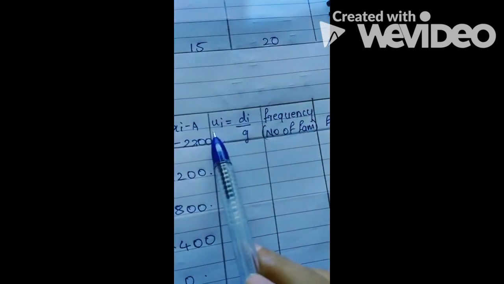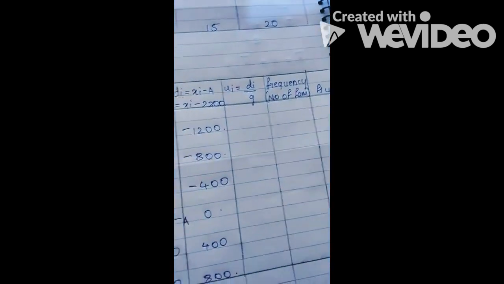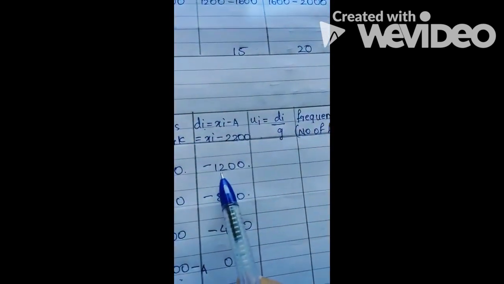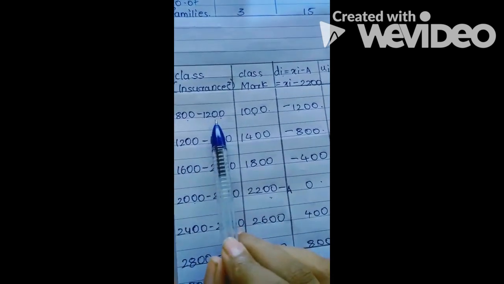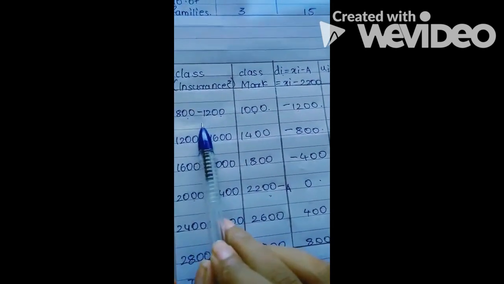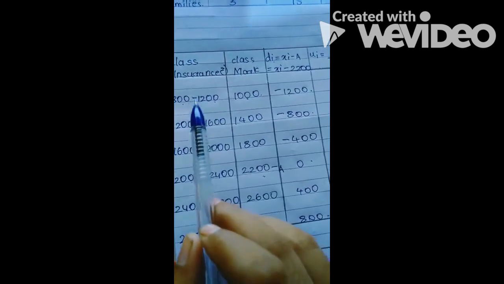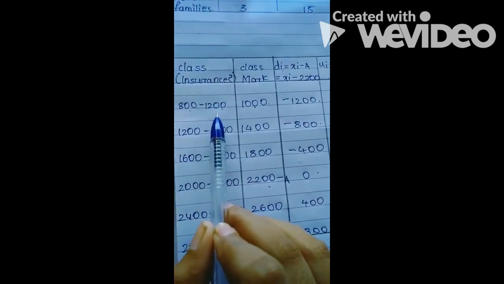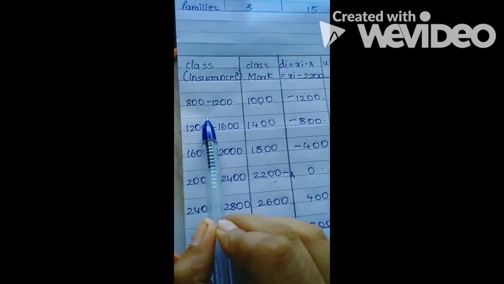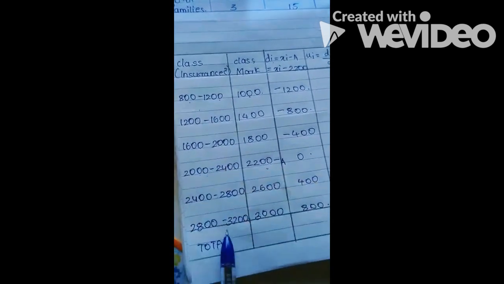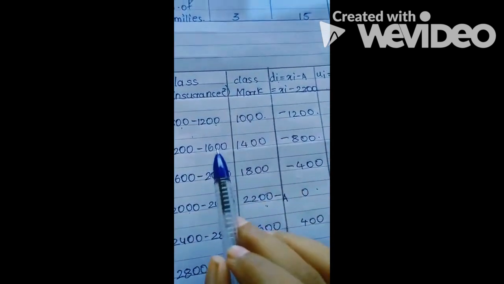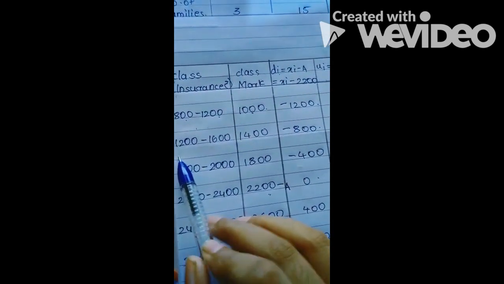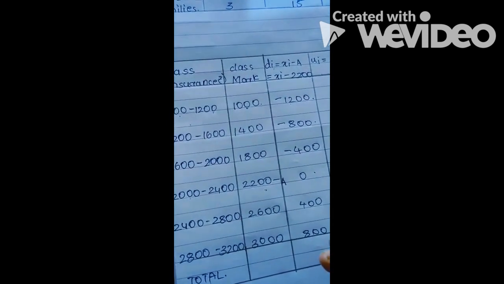So how will we find out ui? For ui you have to divide di by g. What is g? G is nothing but the difference of class marks. 800 to 1200, what is the difference here? 1200 minus 800 will be 400. Or take any numbers and subtract, and you will get the difference. 1600 minus 1200, you will get the difference, that is 400.